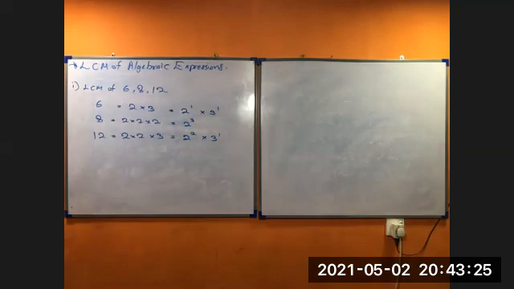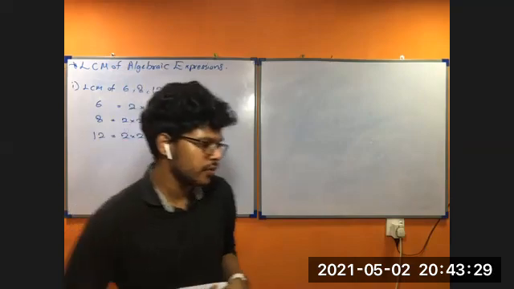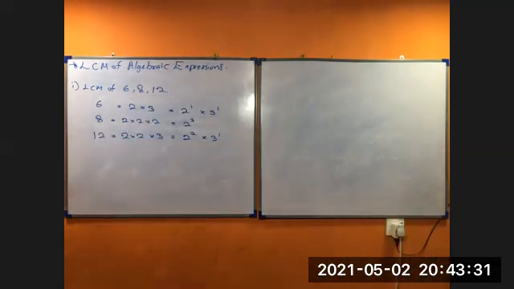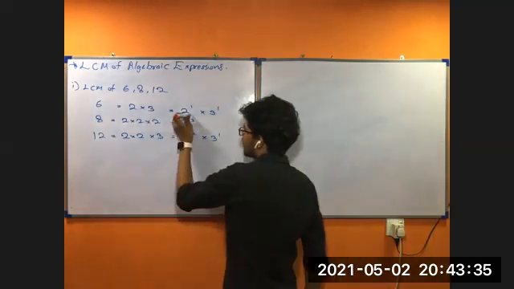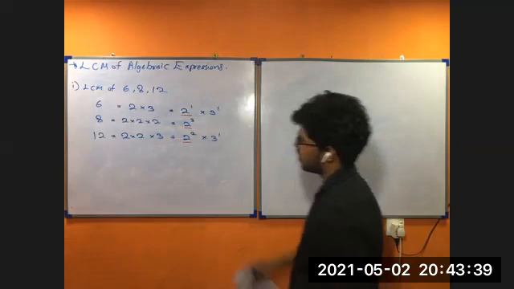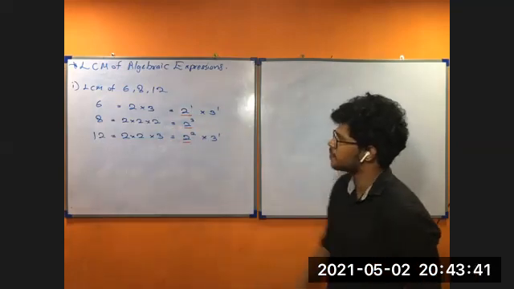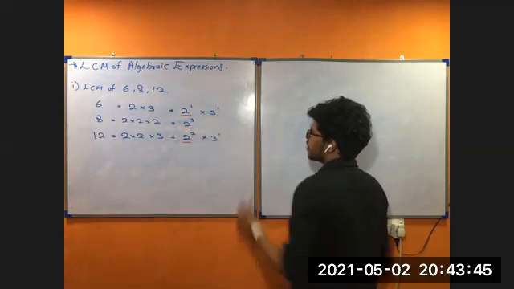So to find the LCM, what you need to do is find the same base with the highest power. So here we have power 2, here we have power 3, here we have power 1.